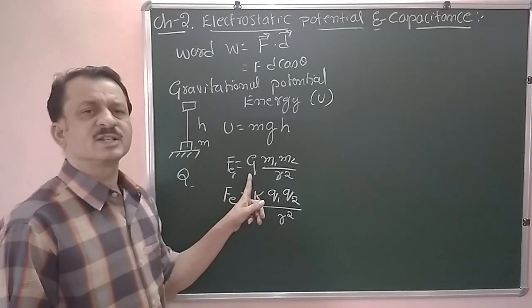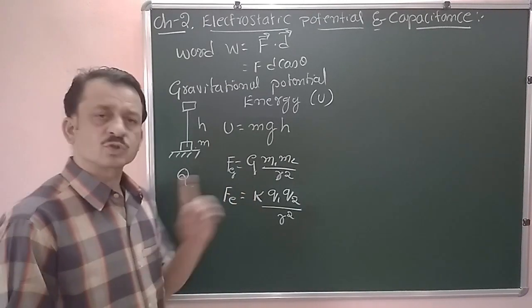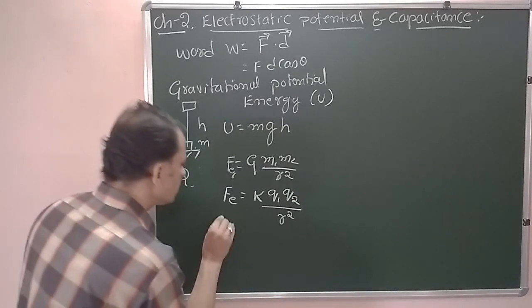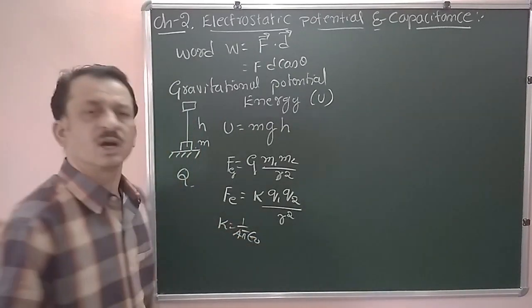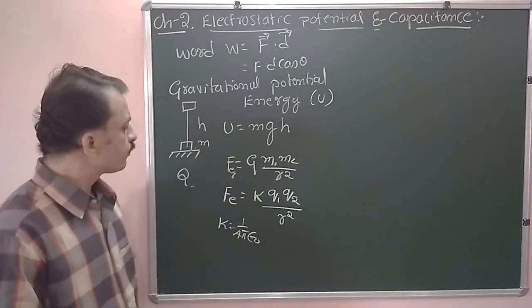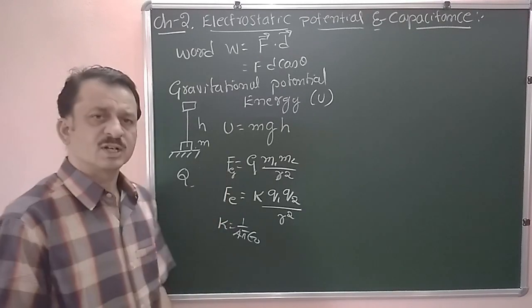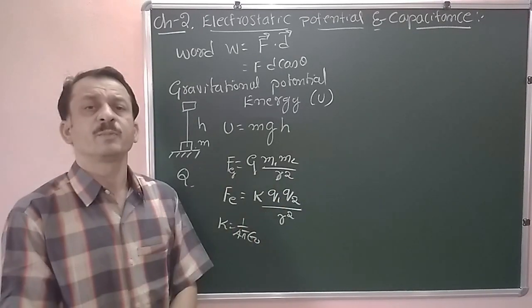Here we have capital G, that is the universal gravitational constant. In electrostatic force we have k, and we know that k is given by 1 divided by 4 pi epsilon naught. Its value is 9 into 10 to the power of 9. Now these two forces also have inverse square dependence.